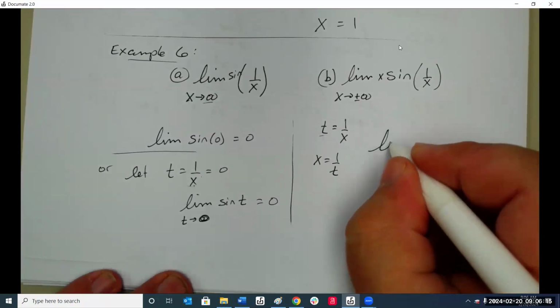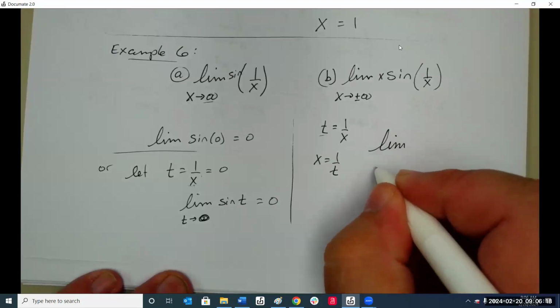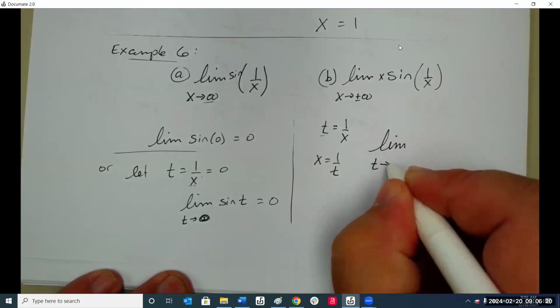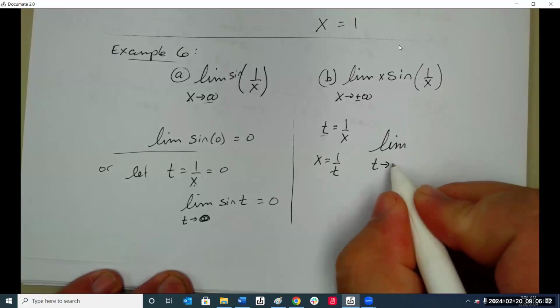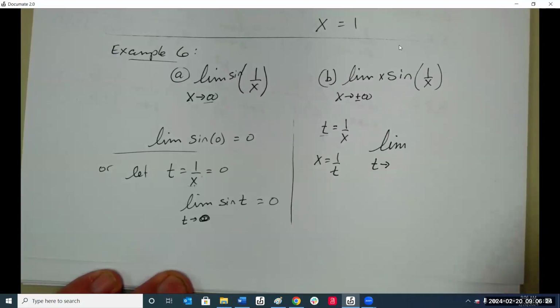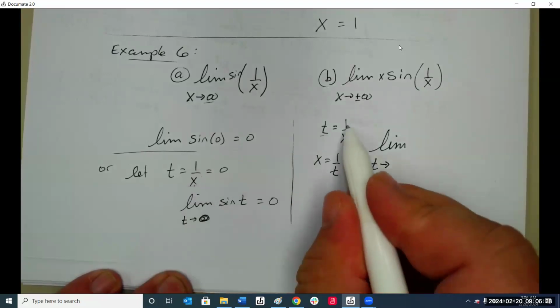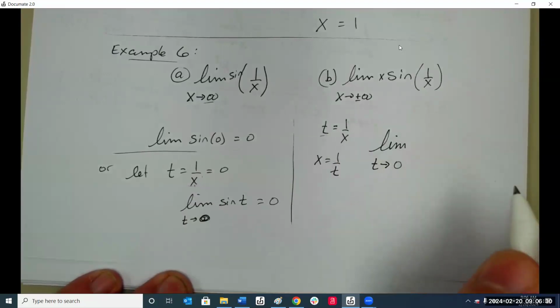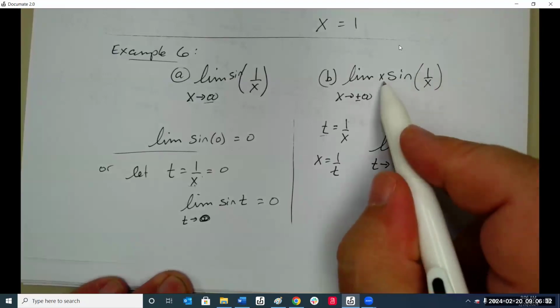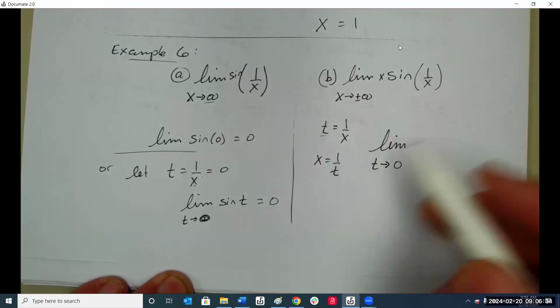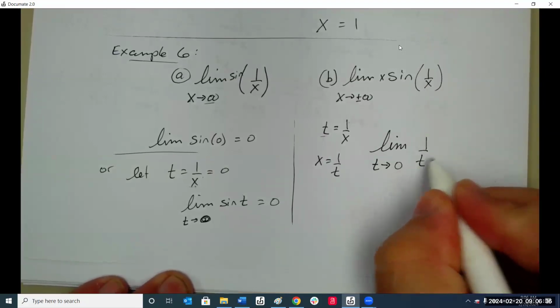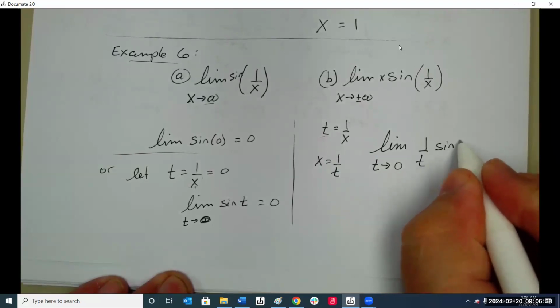So this gives us the limit as t goes to 0 of 1 over t times sine t.